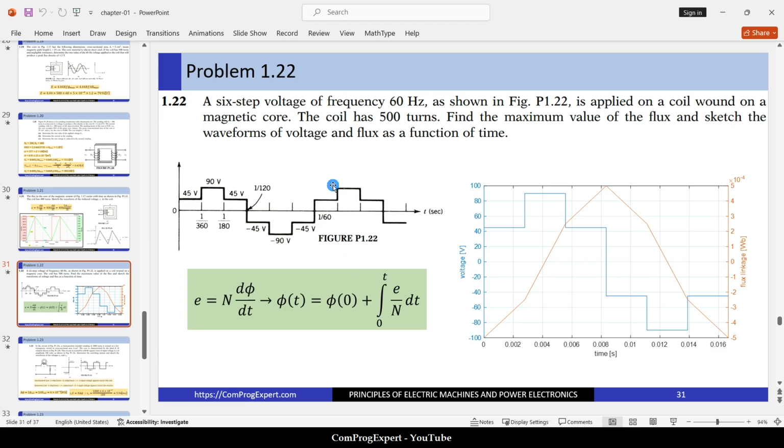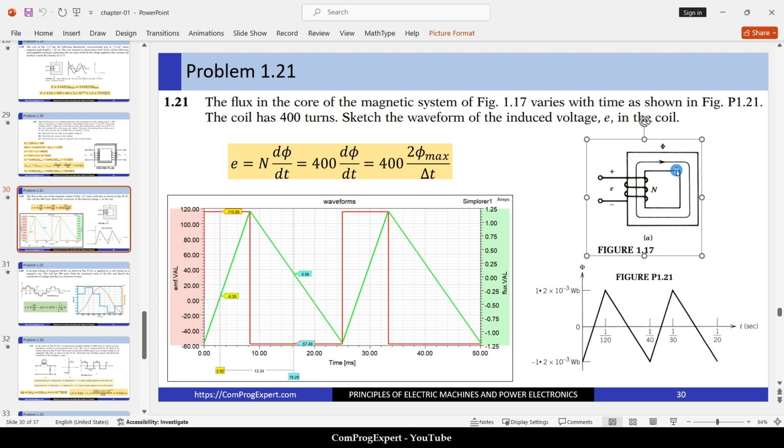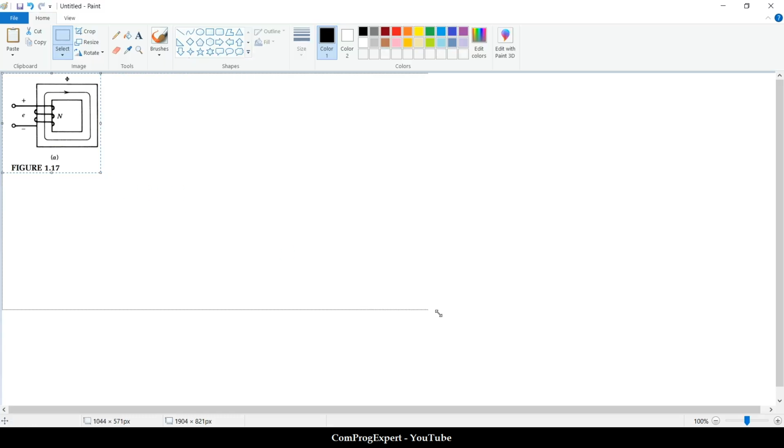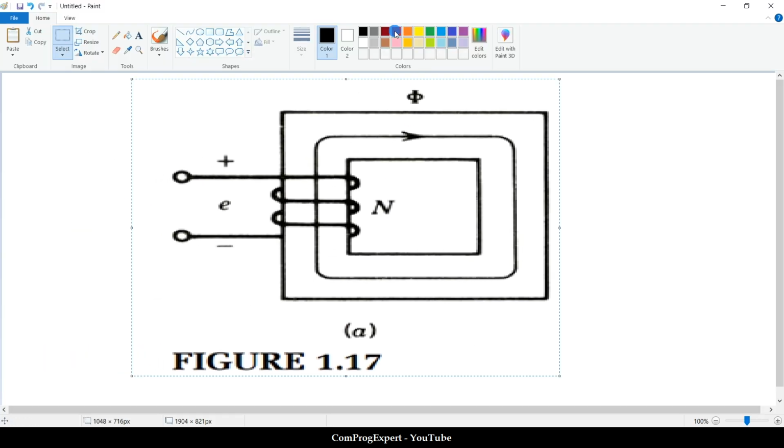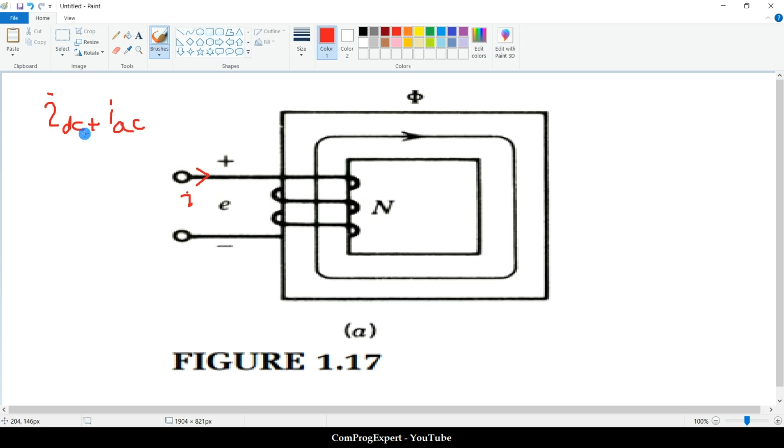What this problem says is that if the current I has two components, IDC plus IAC, the DC component generates a DC flux and the AC component generates a time varying flux.